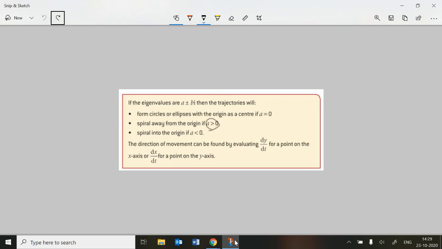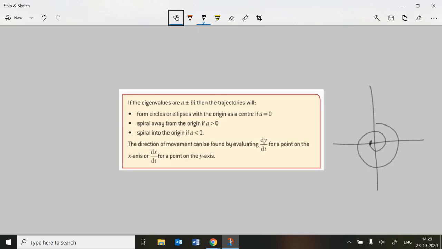And then we'll also show through this investigation just a little extension. I'm not going to do the entire investigation, but there's a little extension where I can show you that essentially wherever you start, you might spiral outwards if a is greater than 0, and you might spiral inwards towards the origin here.